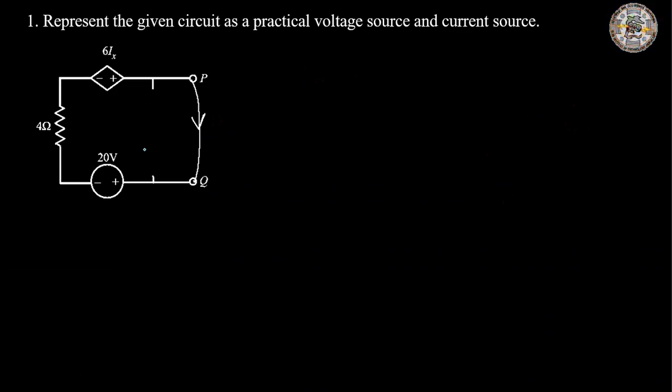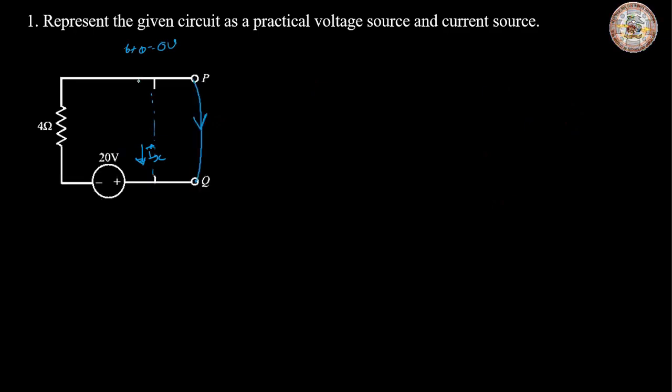Now, you can see here what we had. We had Ix, the dependent source, right? The dependent parameter's current. Now what is the current flowing in this path? The current flowing in this path is actually 0. So 6 into Ix, which is 0, is 0 volts. And how do we represent 0 volts? I hope you understood.